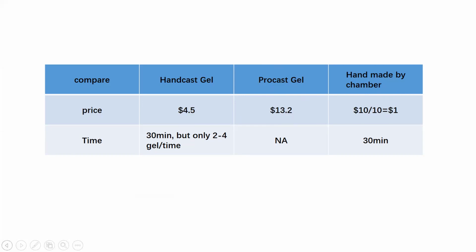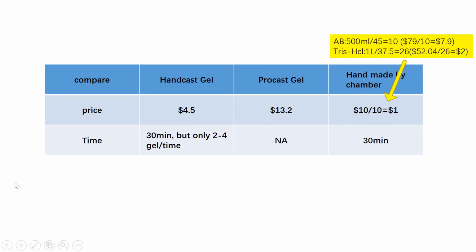How do we calculate? I have it here. The first important buffer is the AB buffer. We buy it from the company, and normally it is 500 milliliter in volume, and every time we make it, we use 45 milliliter, and then we can use it 10 times to make the gel. So every time it will cost us $7.9.